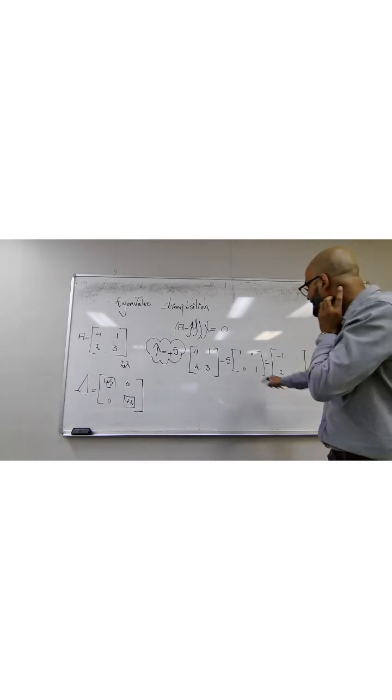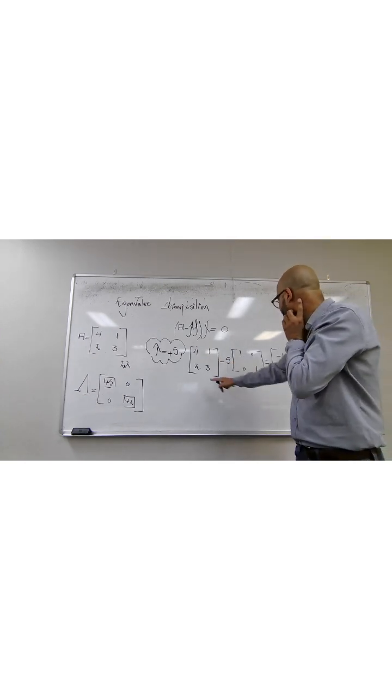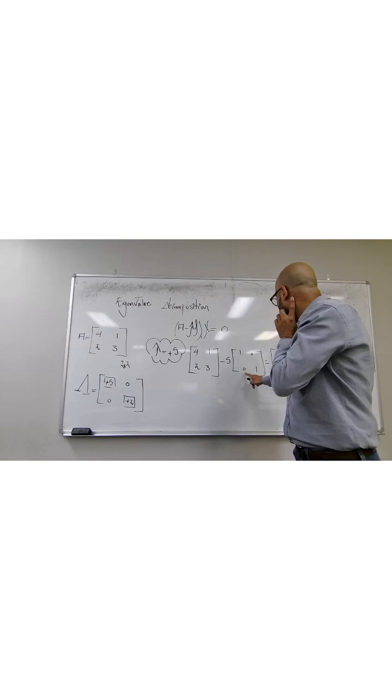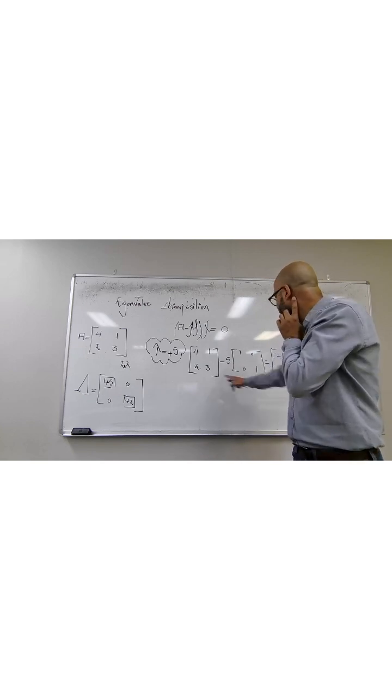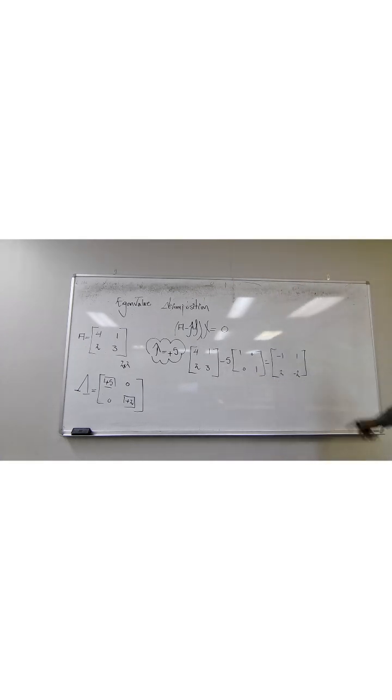Let's double check further. 4 minus 5 becomes minus 1, 1 minus 0 becomes 1, 2 minus 0 becomes 2, 3 minus 5 becomes minus 2. This is the equation that I have there.